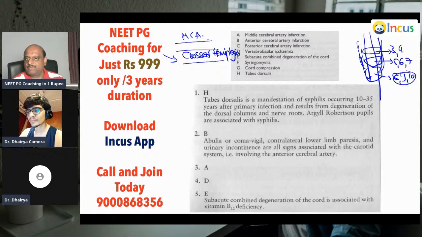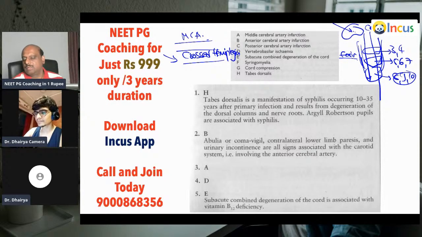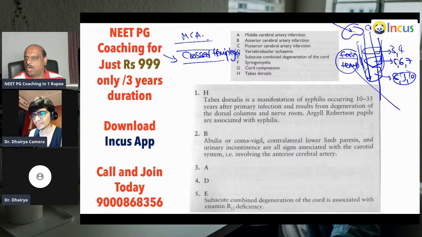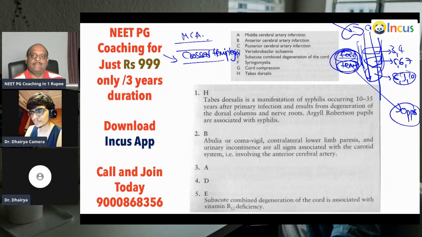Suppose there is a cerebral level infarction, then you get facial palsy and also hemiplegia, both on the opposite side. Both the facial palsy and the hemiplegia will be on the same, opposite side.